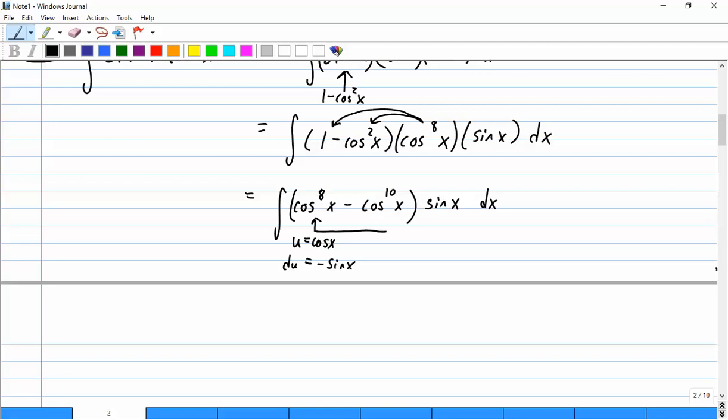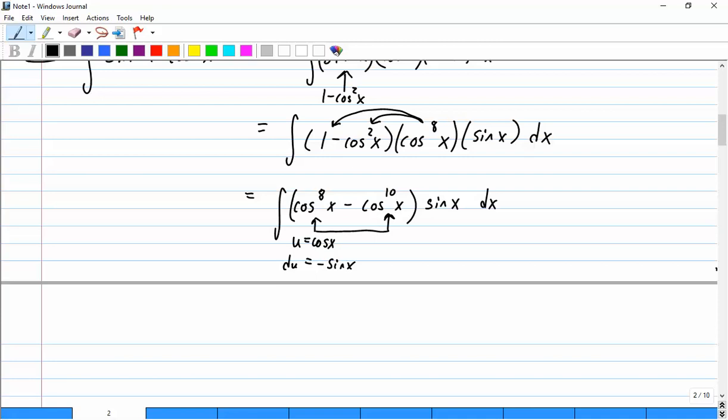And the same for this integral. U equals cosine x, so du equals negative sine x. So for both of these, it's two integrals, right? Because we're subtracting these terms. So it's two different integrals. Both have a u of cosine of x and a du of negative sine x.